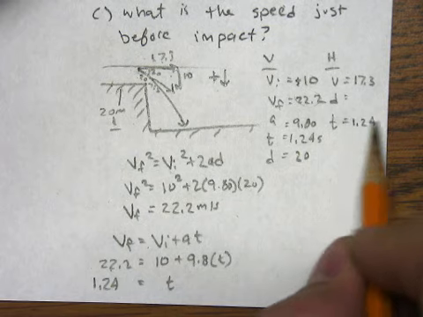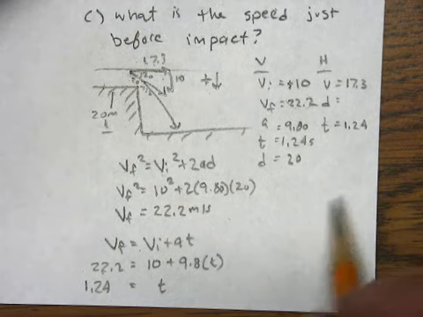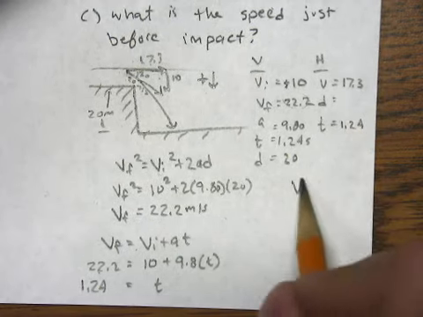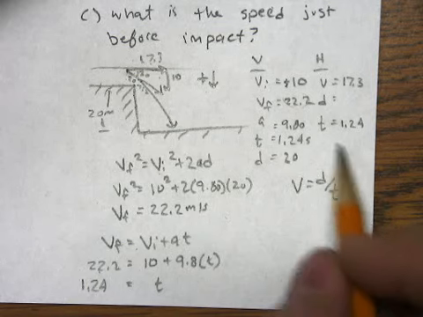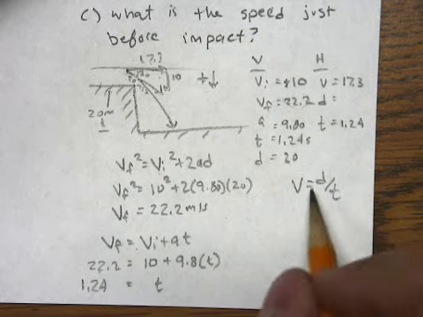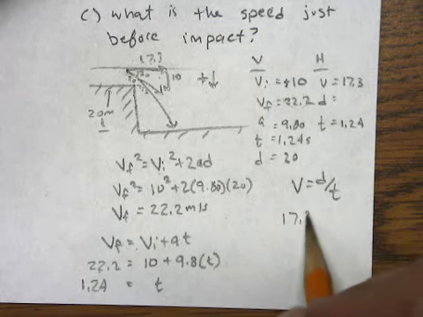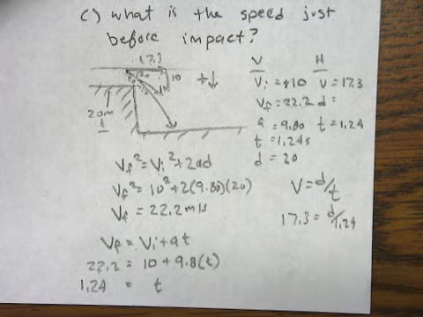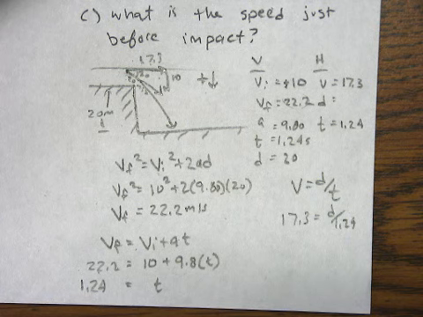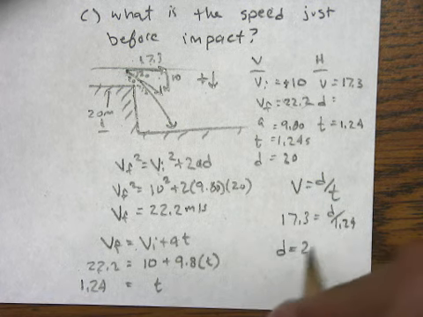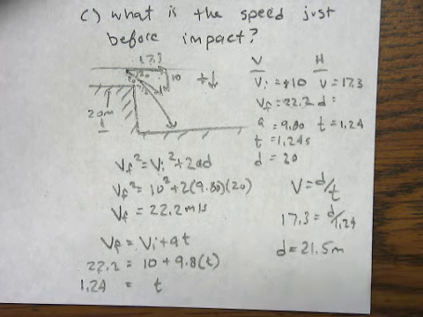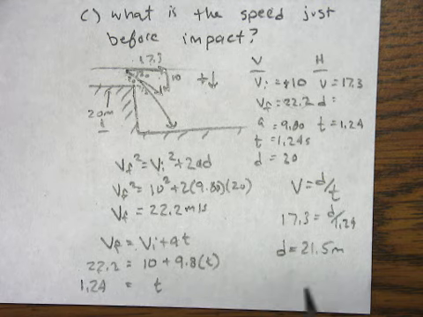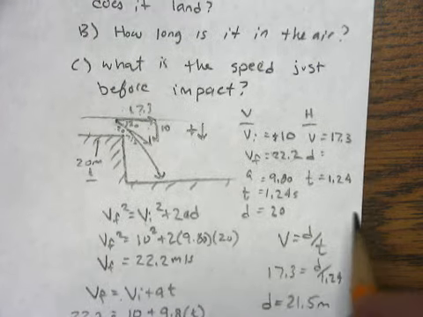So 1.24 is the time. Then to find the distance, velocity equals distance over time: the velocity is 17.3, the distance unknown, the time 1.24. That gives 21.5 meters.